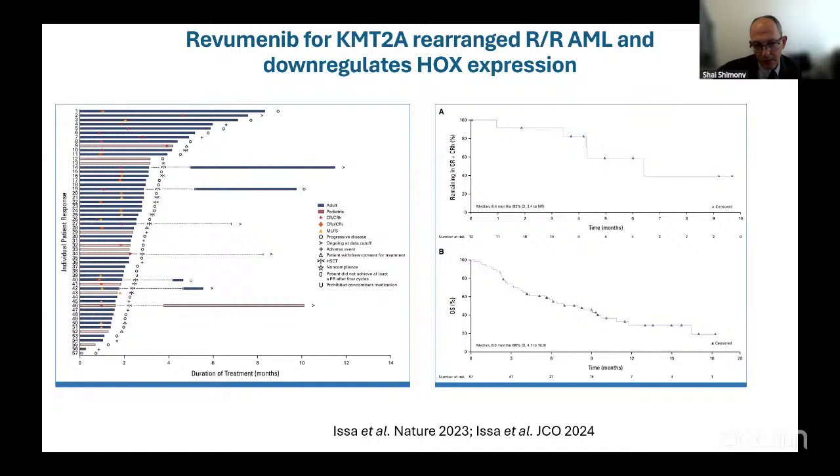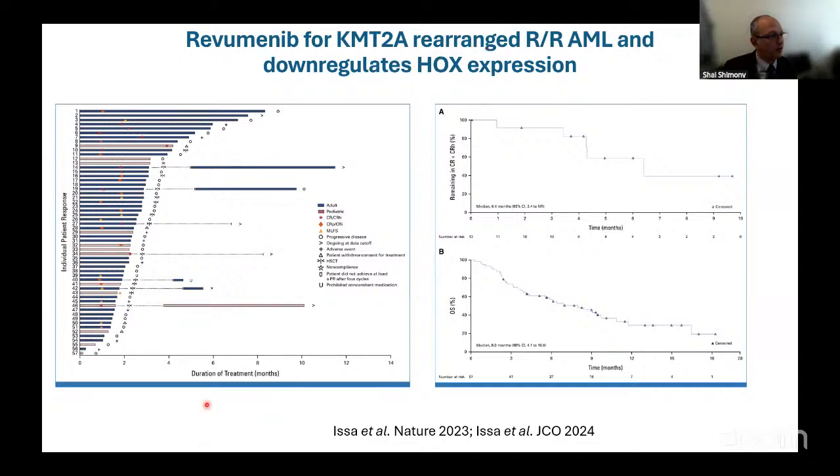So revimenib is a drug that was evaluated and was approved in November of last year for KMT2A rearranged relapsed refractory AML patients. But this drug does not only affect those with KMT2A AML, it also downregulates HOX-BOX expression.